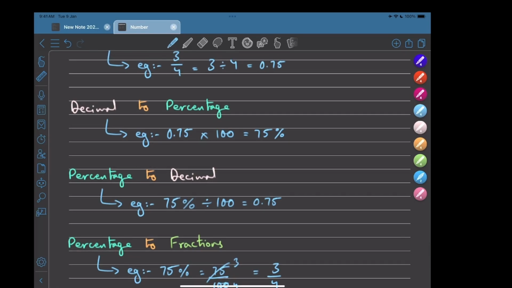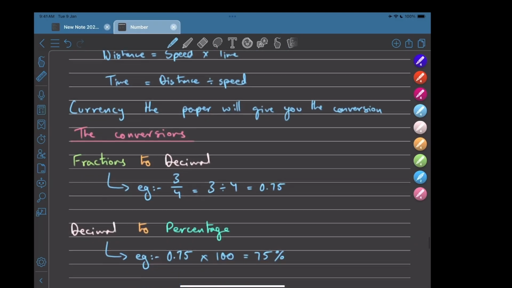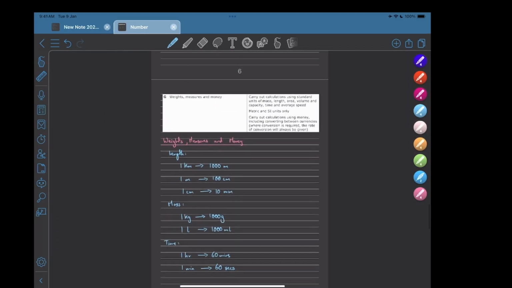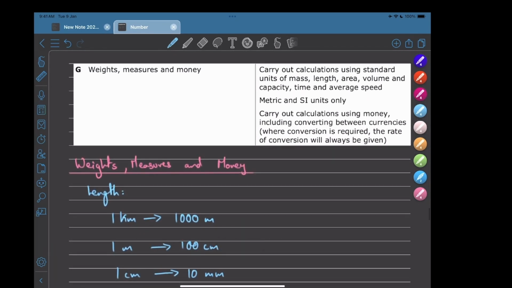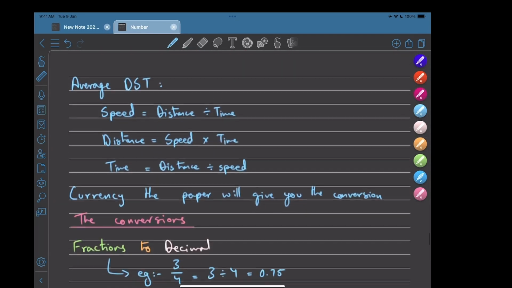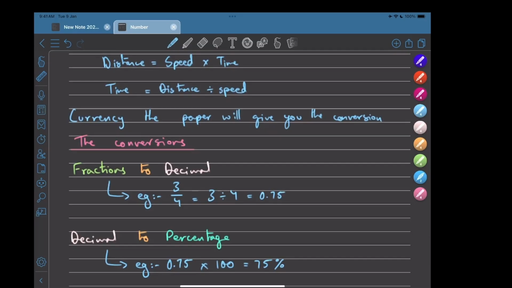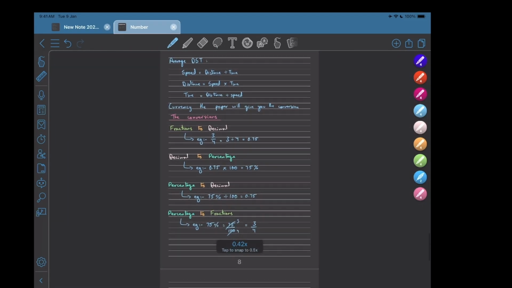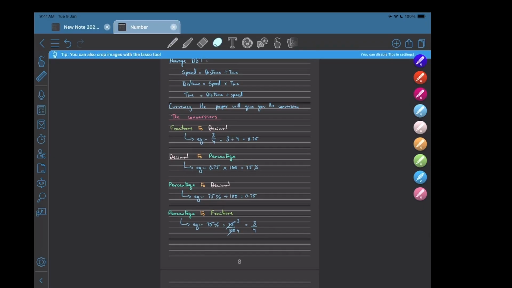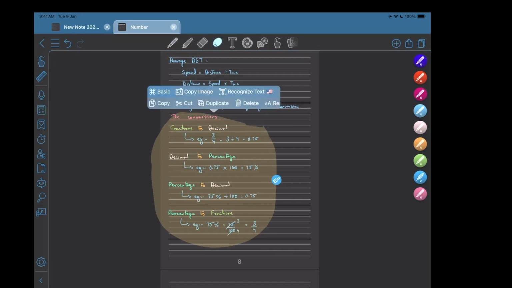Again, just for now, this particular specification, did I post the specification? Oh no, I didn't post the specification. Let me just check one second. Yep, I did not do that. Conversion, I think carry out conversion rate. I think this is the one. Sorry, I didn't do it, let me just paste it.